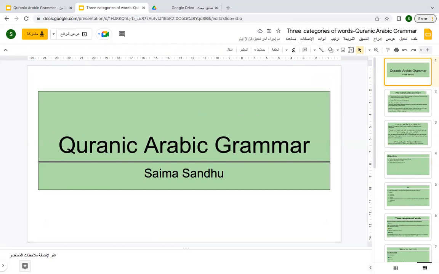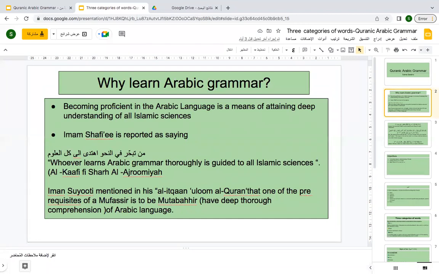The Arabic language is categorized into 3 word types. If you can type in the chat box, what were those 3 word types that you have learned? How many parts of speech were there in English? And how many parts of speech are there in Arabic?